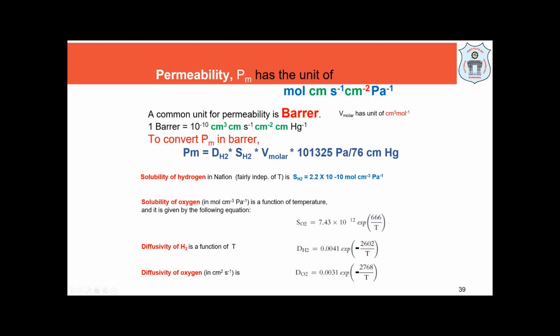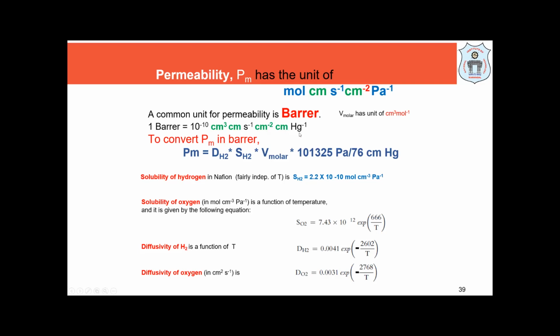Okay, and if we know V molar has the unit of centimeter cube per mole, one barrer equals 10 power minus 10 centimeter cube centimeter second inverse centimeter power minus 2 centimeter Hg inverse, that is the mercury unit.